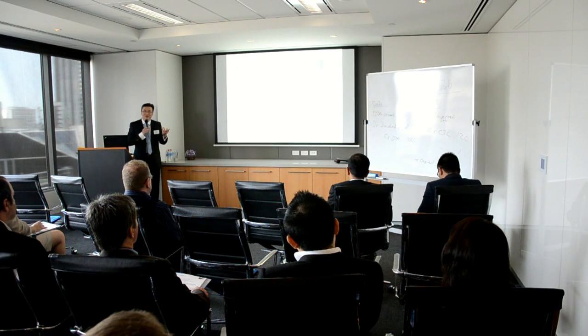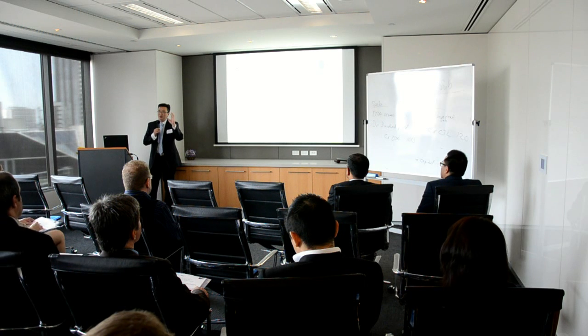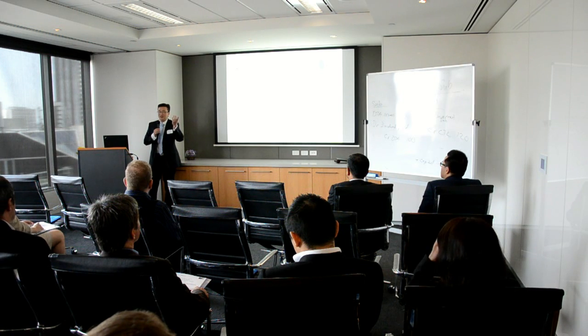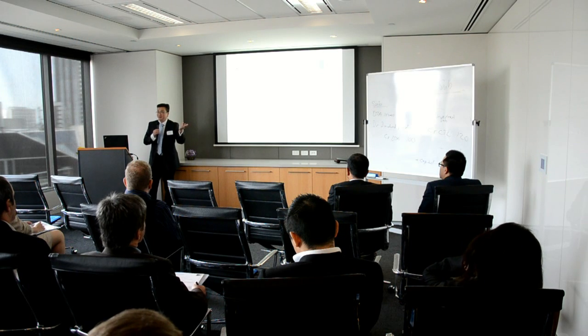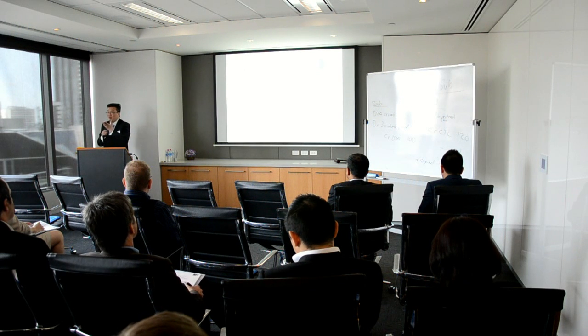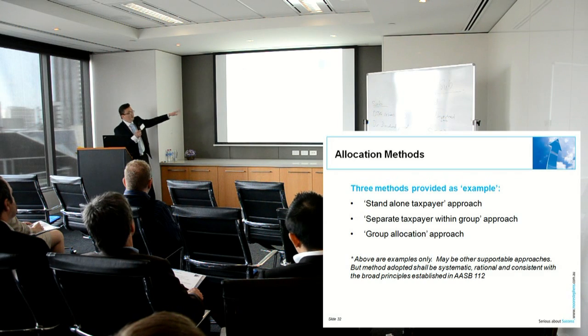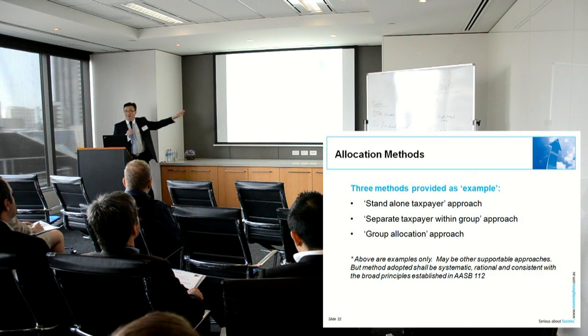From a consolidation standpoint, you're a single entity, so how do you calculate the taxable income of a subsidiary? UIG 1052 doesn't prescribe the method. All it says is that there are 3 approaches that you can apply.